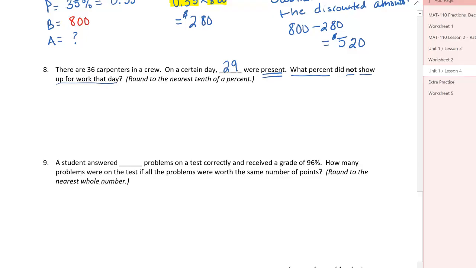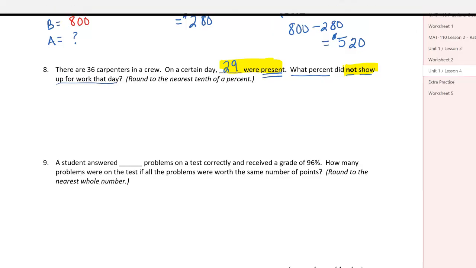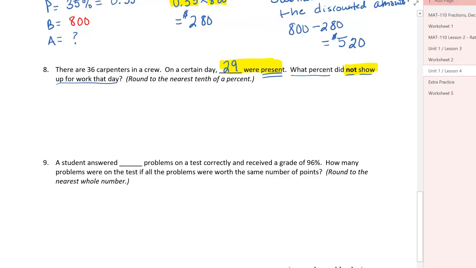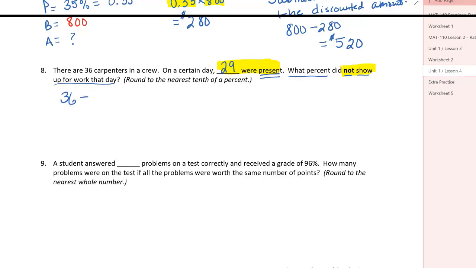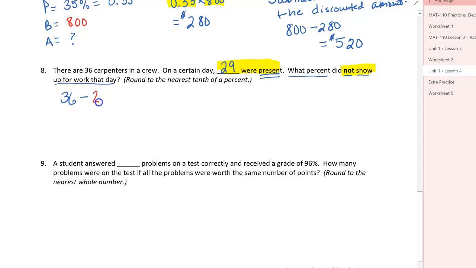First, we can work this in two different ways, but I think the easiest way is to figure out, oh, wait a minute. They're giving us the number of crewmen that were present, but they're asking us to find how many were not present. So if there were 36 total members and 29 were present, then the number that did not show were 7.